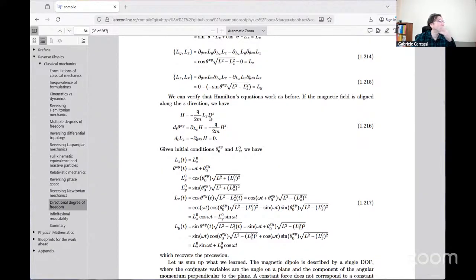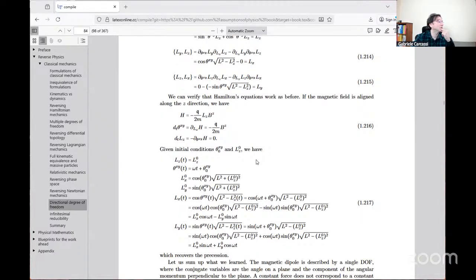If we have no magnetic field, the magnetic dipole remains where it is. It does not change. And if we apply an angular magnetic field, then we have a constant velocity.